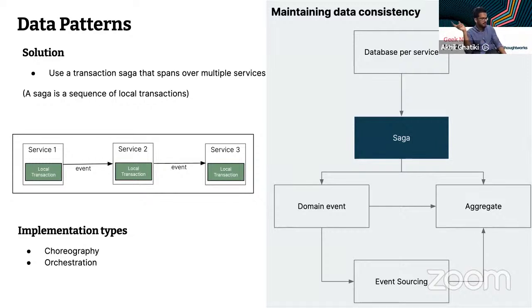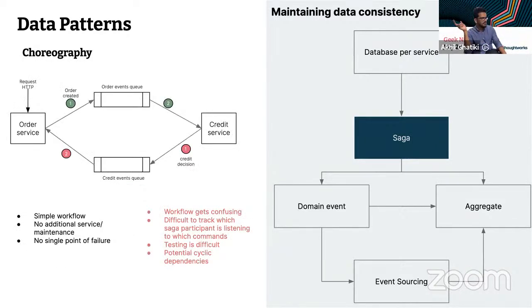Again, there are two different implementations for your Saga. One is a choreography style, where you get the HTTP request to your service, and then you send out two different requests. You see the green path, the 1 and 2 in green, and then 1 and 2 in red.